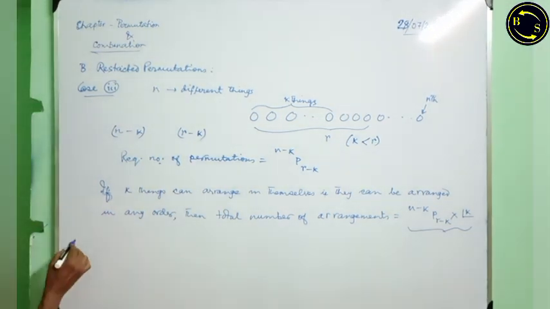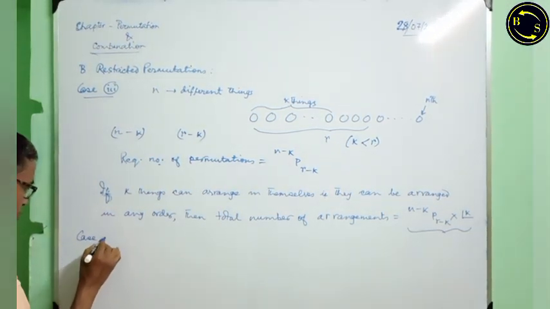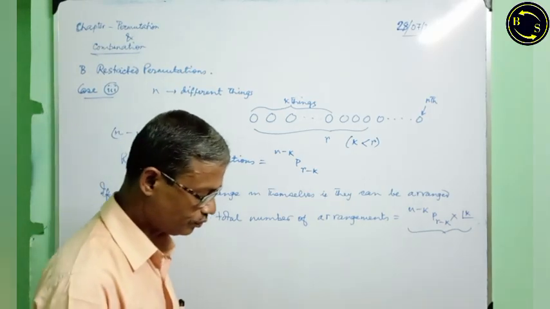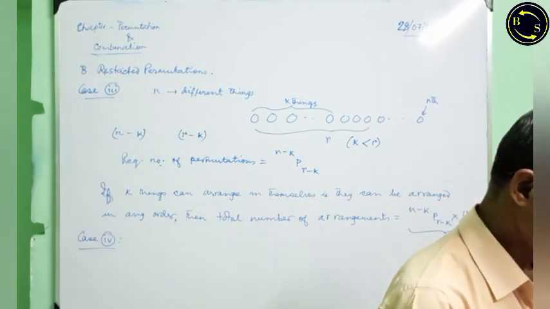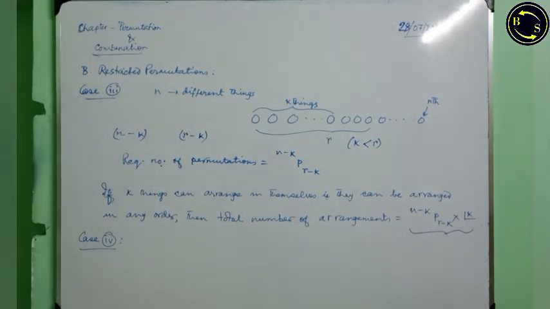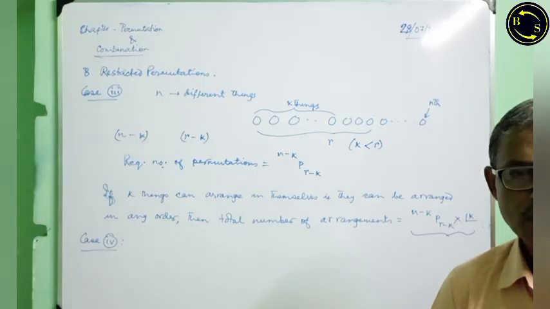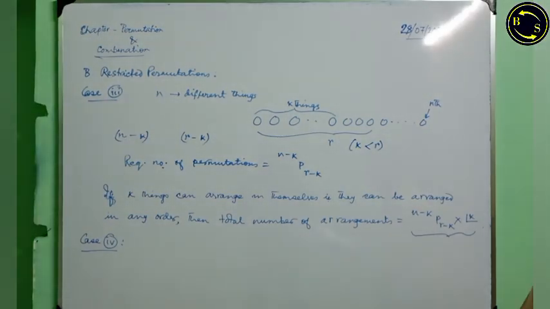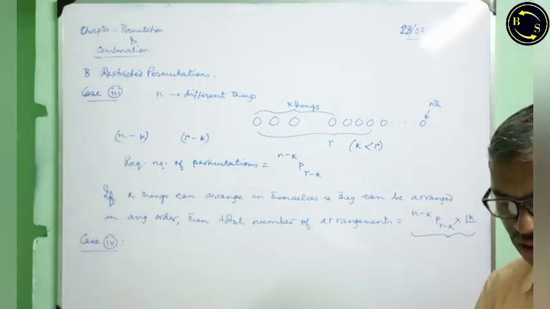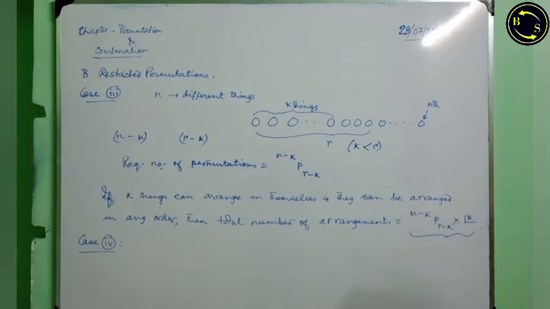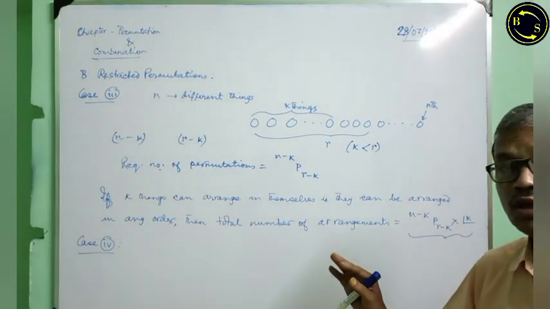Then case 4. Again, total number of different things n, and k things will be together.